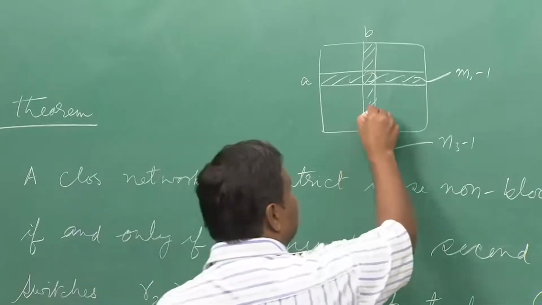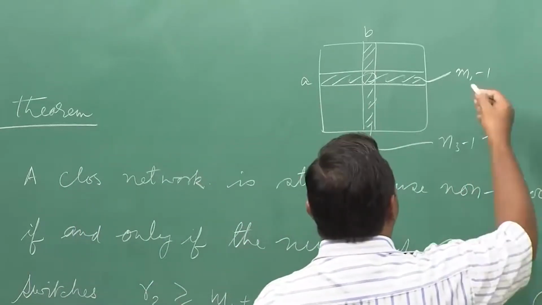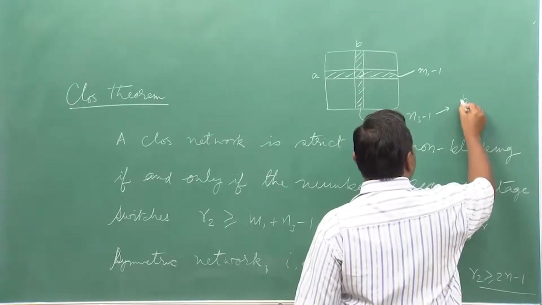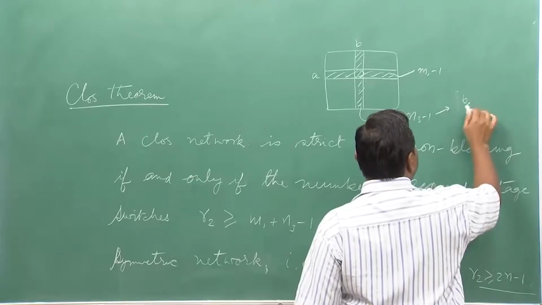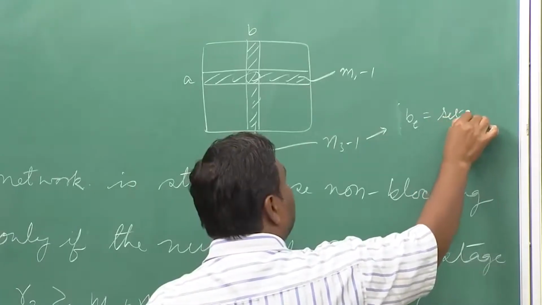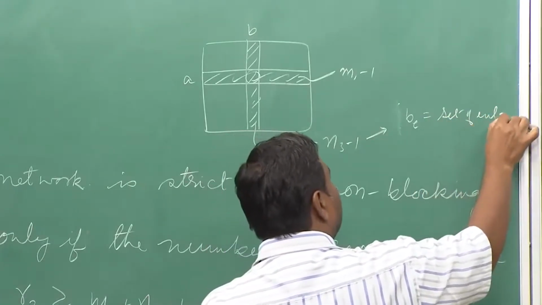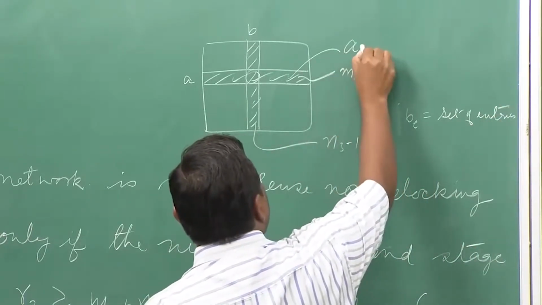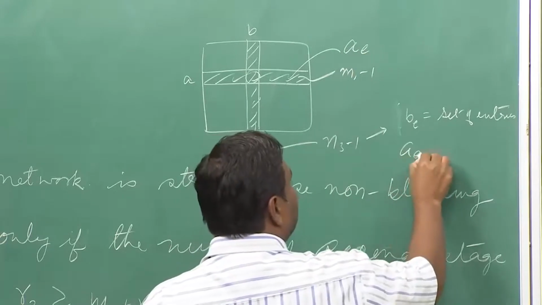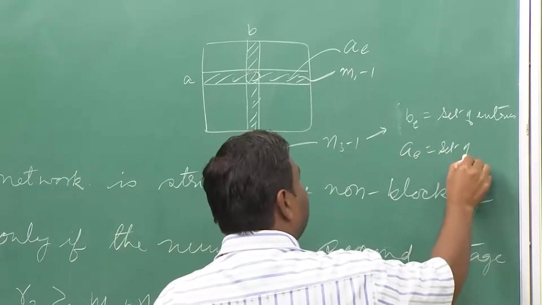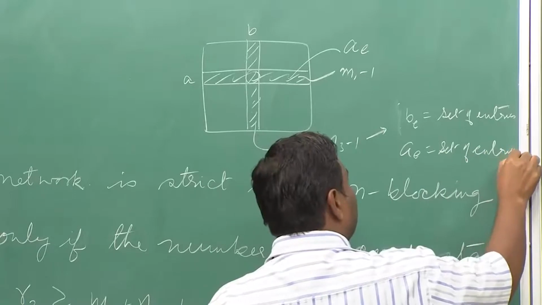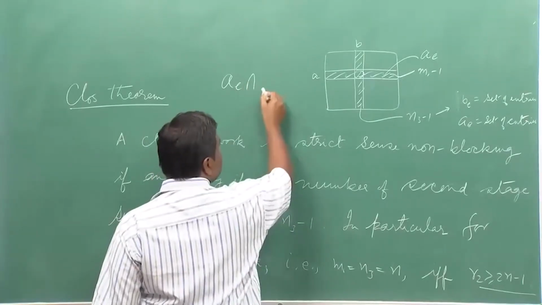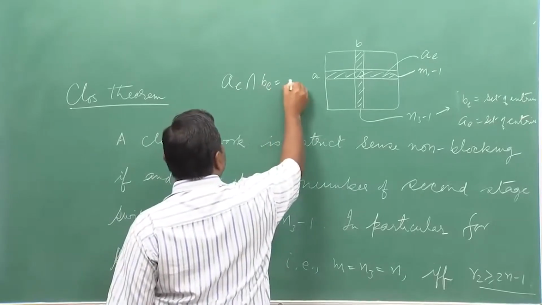So, the N3 minus 1 entries, let me call it the entries for B, and the corresponding entries here, these are AE entries, and in worst case scenario AE intersection BE is null.